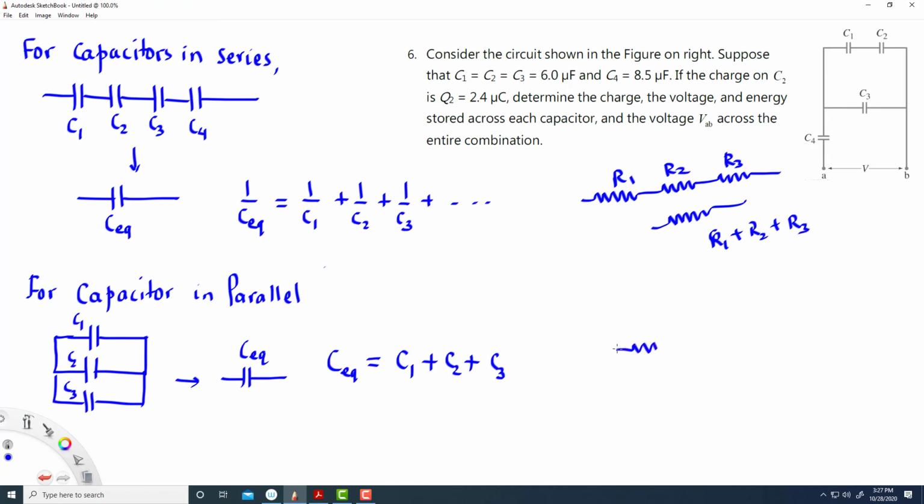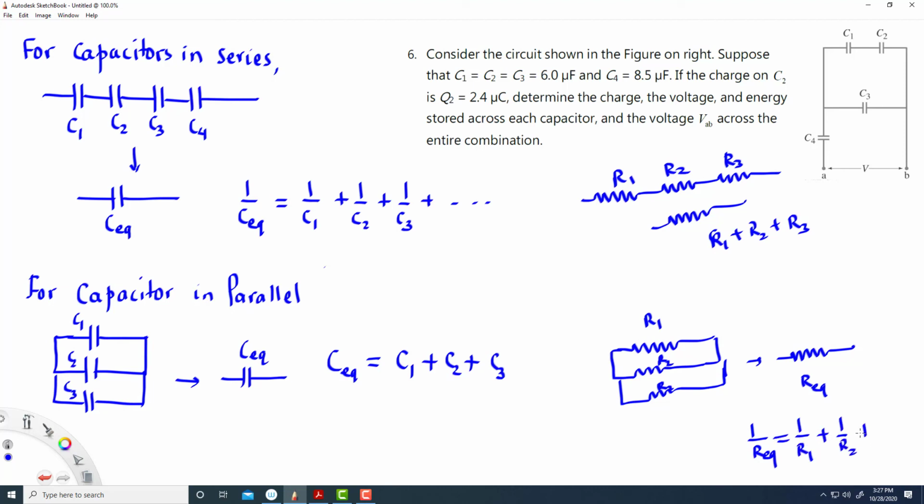When the resistors were in parallel, like that, their combined resistance is given by this formula, 1 over R equivalent is equal to 1 over R1 plus 1 over R2 plus 1 over R3.